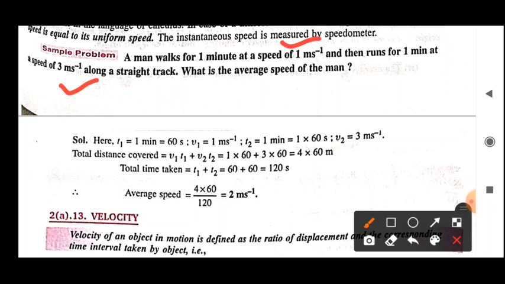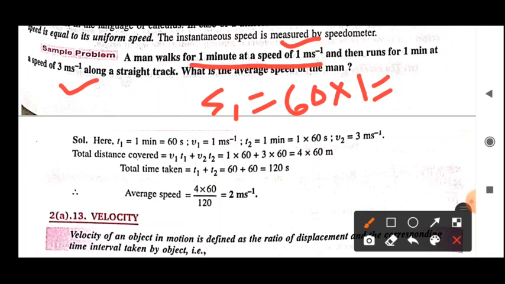So for total distance, first what will you do? You will calculate the distance covered by the man in 1 minute with the speed of 1 meter per second. Suppose s1 is the distance covered by the man, that will be equal to 1 minute. If you convert it into seconds, that is 60 seconds in standard unit. Then 1 meter per second is already in standard unit.